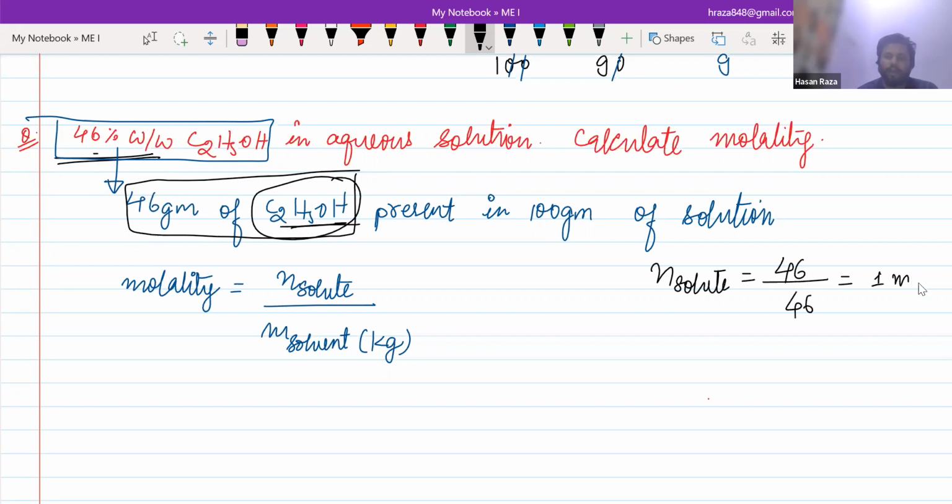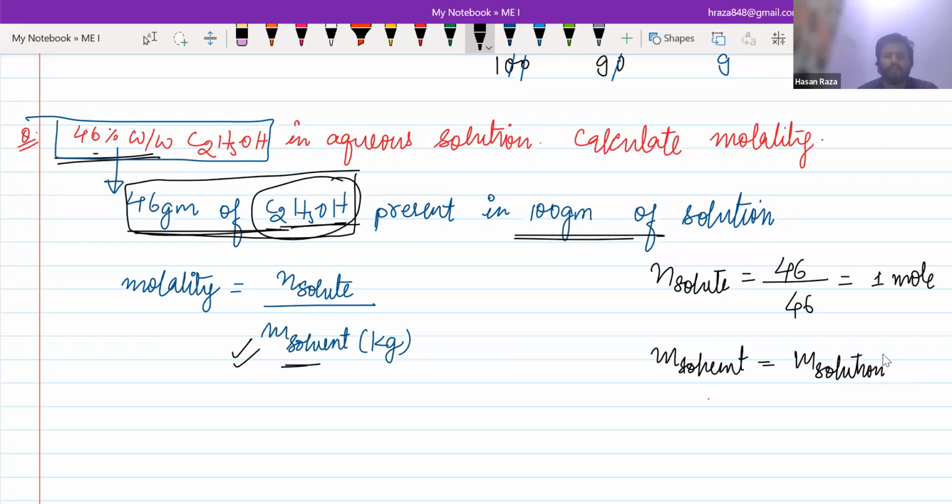So you get 1 mole. But in the denominator, we need the mass of solvent in kg. Mass of solute is given, mass of solution is given. So can't you calculate the mass of solvent? Mass of solvent will be equal to mass of solution minus mass of solute, because solute plus solvent is equal to solution.